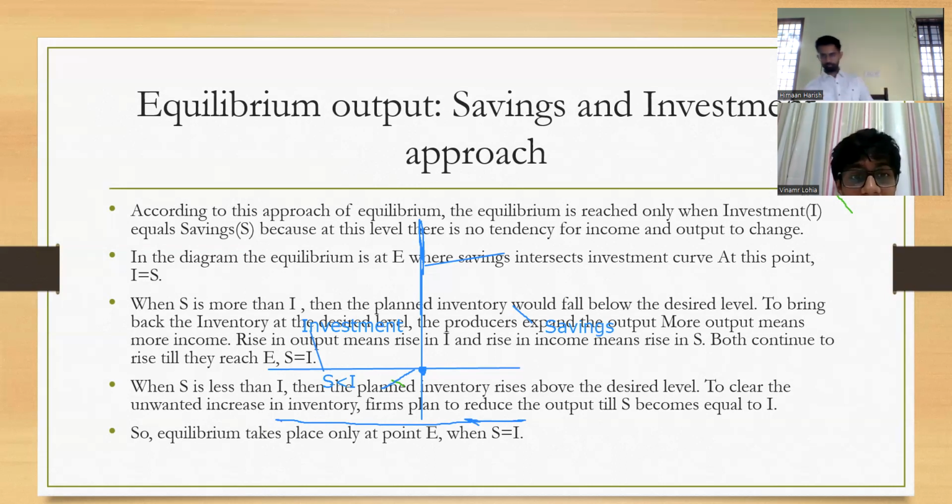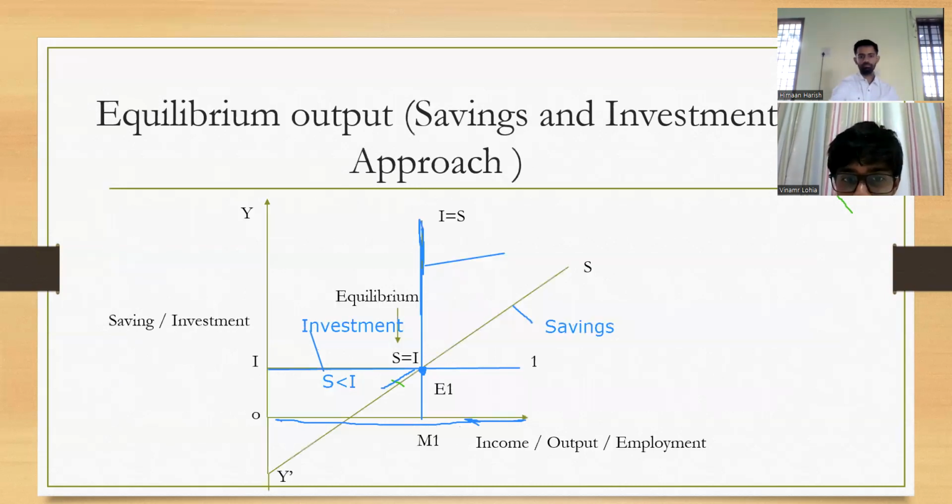When S is more than I, then the planned inventory would fall below the desired level. Can we see this on the graph? When S is more than I, planned inventory would fall. Which line is showing the fall in planned inventory?